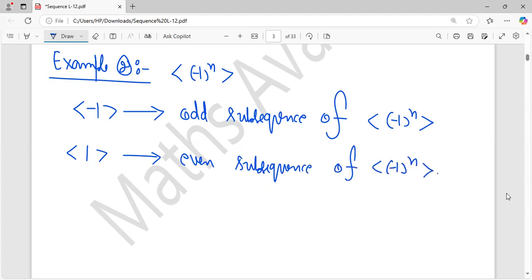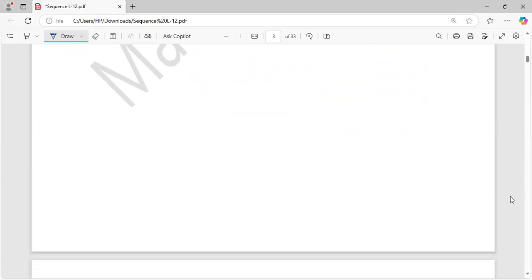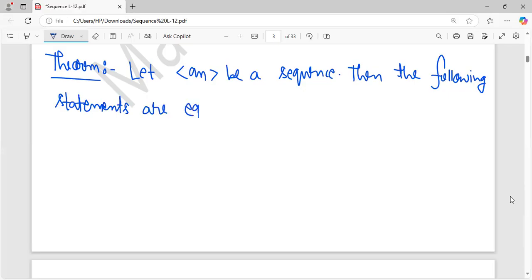Now let us prove a theorem. Let a_n be a sequence, then the following statements are equivalent.